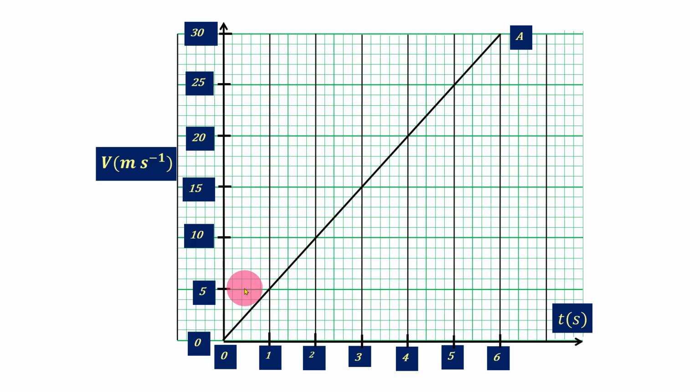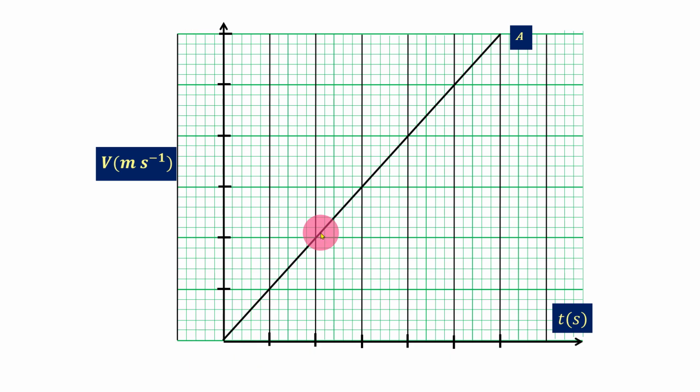The acceleration of the object tells us how the velocity of the object changes in 1 second. For example, here the velocity of this object increases by 5 meters per second every second. So you can say that the acceleration of this object is uniform.